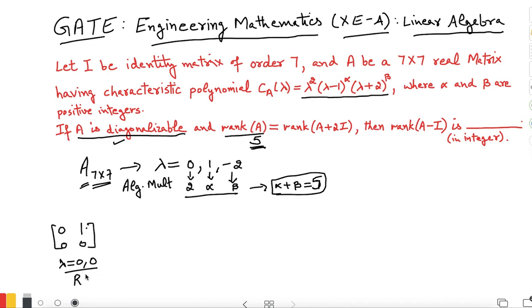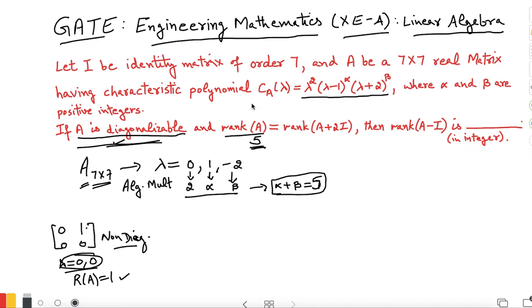So the lambda equal to 0 eigenvalue is also contributing to rank. There is no non-zero eigenvalue, still it has a rank of 1. That's because this is a non-diagonalizable matrix. So the diagonalizable matrix condition is important here in this question.